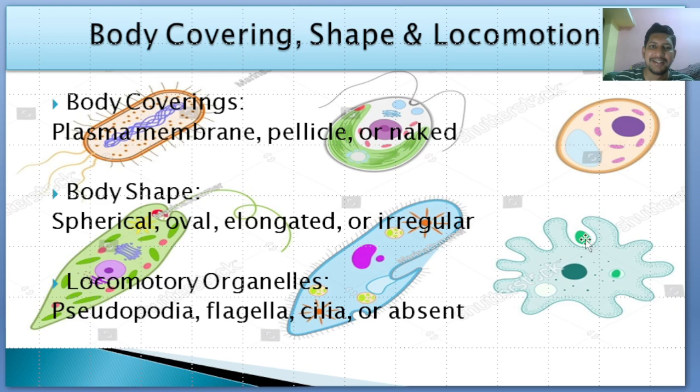Next, the body covering: the body is covered by plasma membrane, also called pellicle. In some animals the body is naked, and they have different shapes: spherical, oval, elongated, and some irregular in shape like amoeba. Locomotory organelles include pseudopodia, flagella, cilia, or in some cases the locomotory organelles are entirely absent.